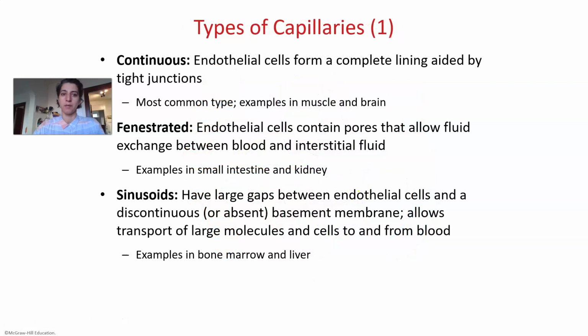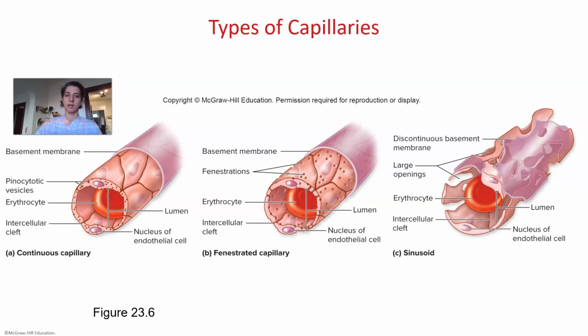Okay, if we look at different types of capillaries, there are different types of capillaries, sorry, and they're classified based on the structure of their endothelium. So we have what are called continuous capillaries, and those are the most common.